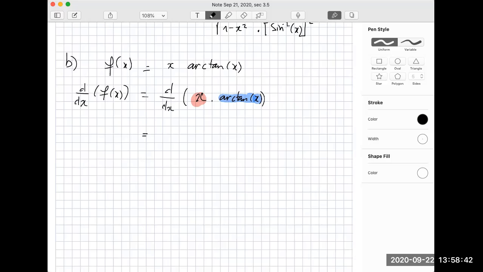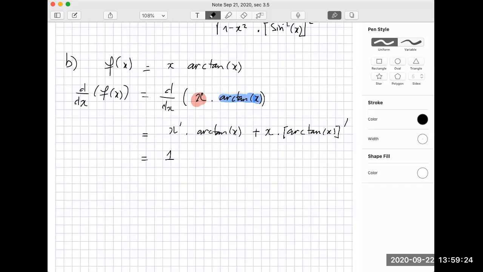So it will be f prime g plus g f prime. Now, x prime, which is?